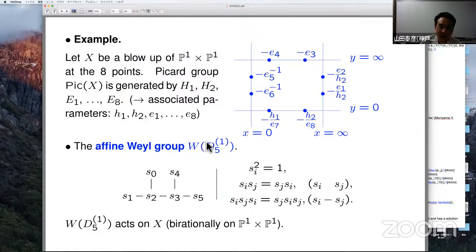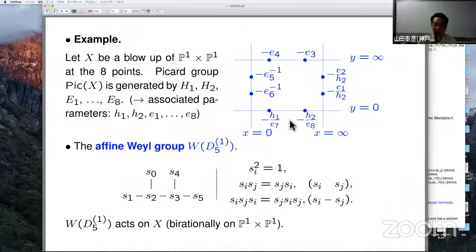The affine Weyl group of this configuration appears as the Cremona isometry, which preserves this configuration. And in this case, such isometries form an affine Weyl group of type D5.